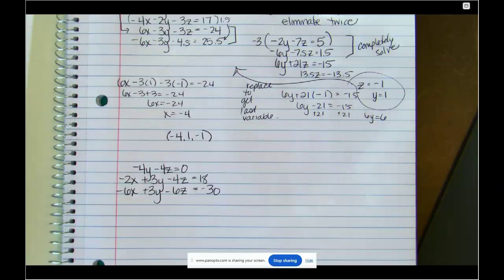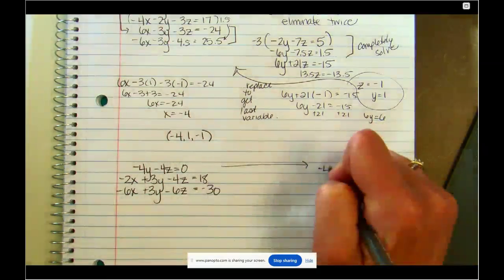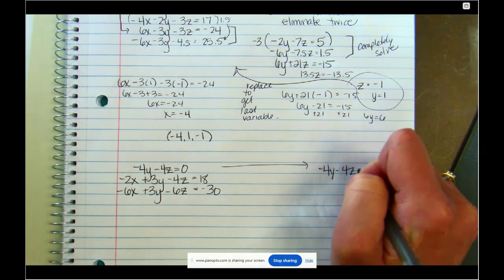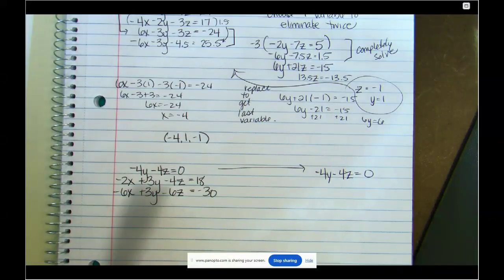So what are you going to eliminate? The bottom two for what variable? Yeah, get rid of the x because you already have two variables. You already have one equation with two variables. So if you bring him over to the side, however you're doing your work, you already have two variables. So if you eliminate the x here, then you automatically have y and z.